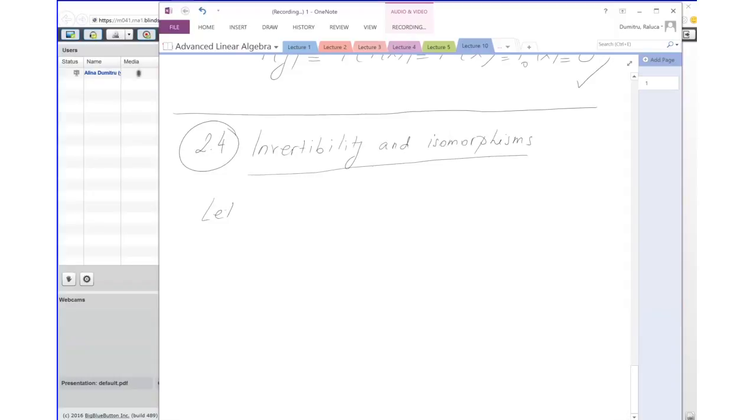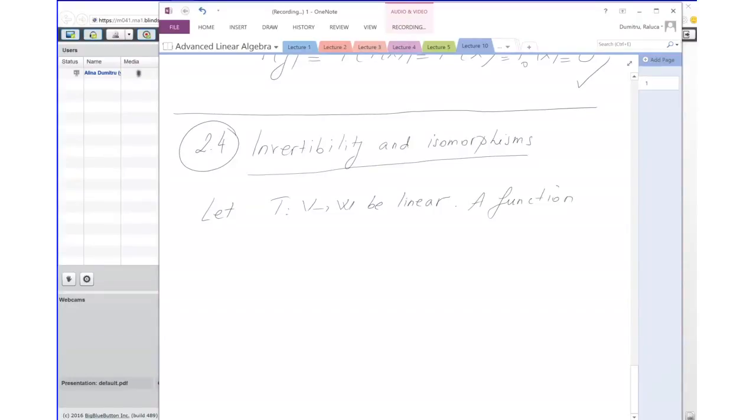So we start with a linear transformation T from V to W. And let's just assume that as a function, it is invertible. What would that mean? Well, it has to go backwards, right?